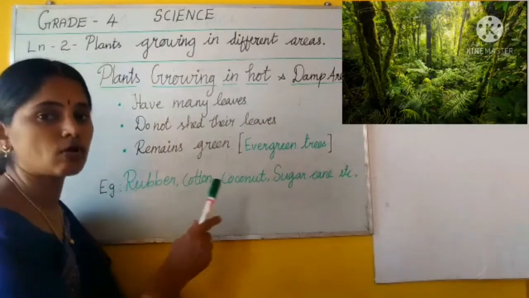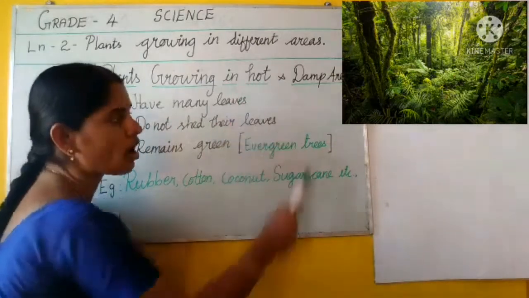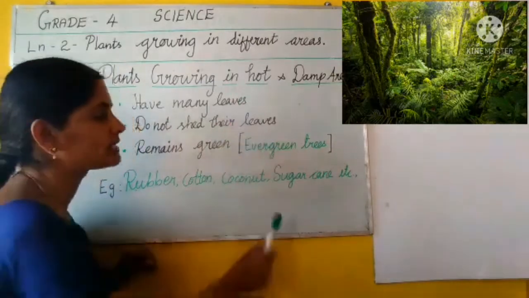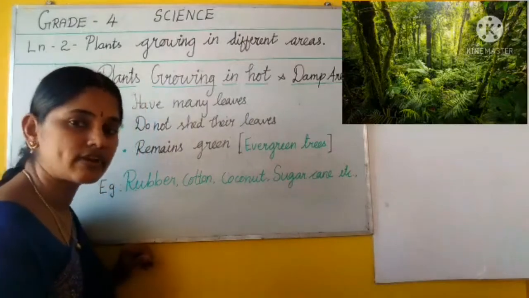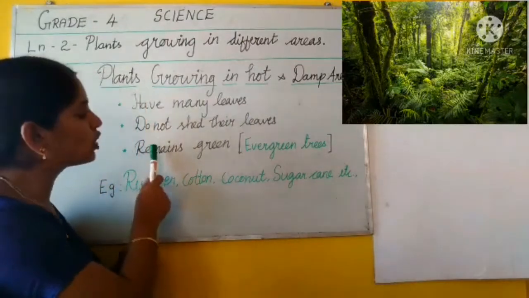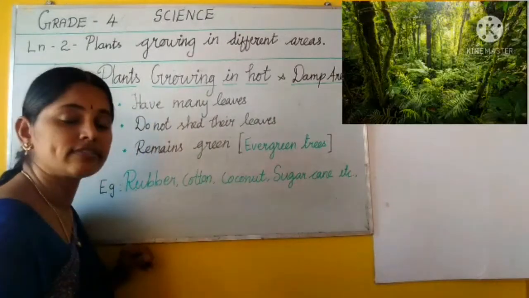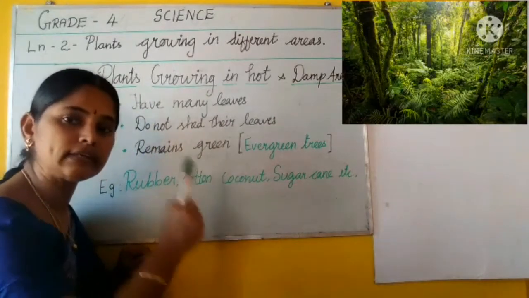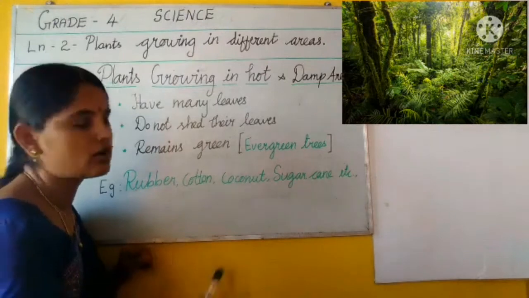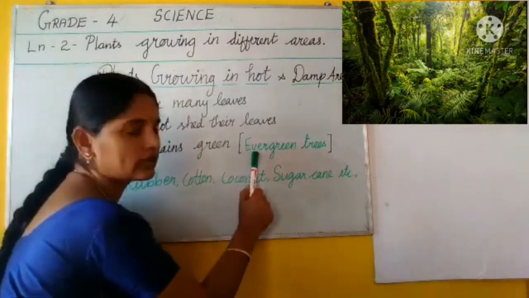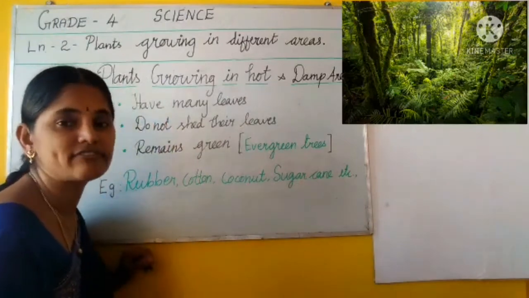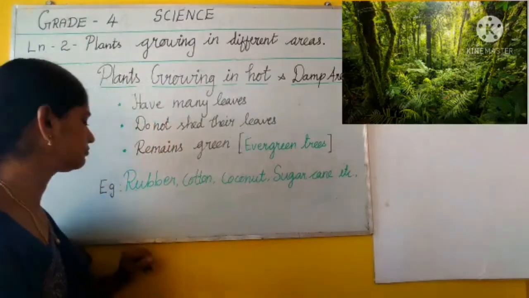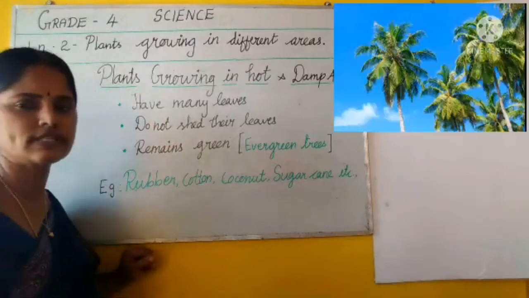Why are we calling the trees in hot and damp regions evergreen trees? They do not shed their leaves. Therefore, they remain green throughout the year. That is why we call them evergreen trees.